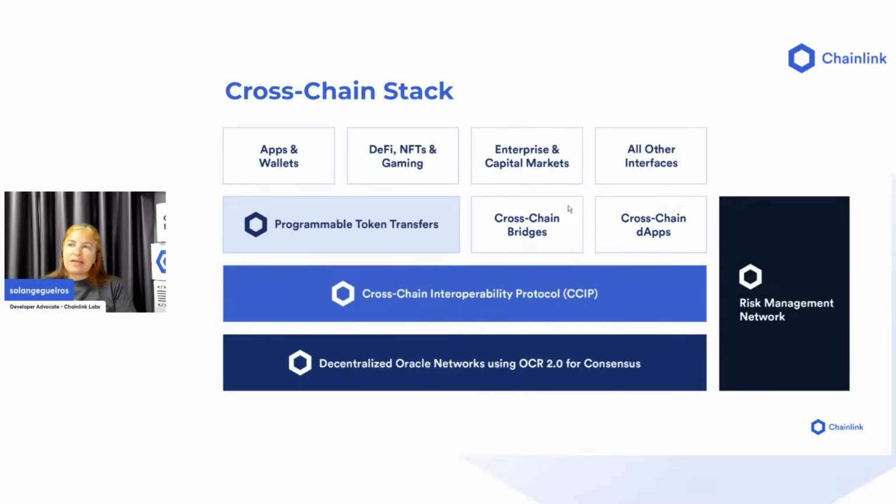And like bridges, you can use the CCIP to create a cross-chain bridge in a secure way. And also you can have any kind of cross-chain application. All of this is backed by the Cross-Chain Interoperability Protocol. And I will talk about this in the last session.